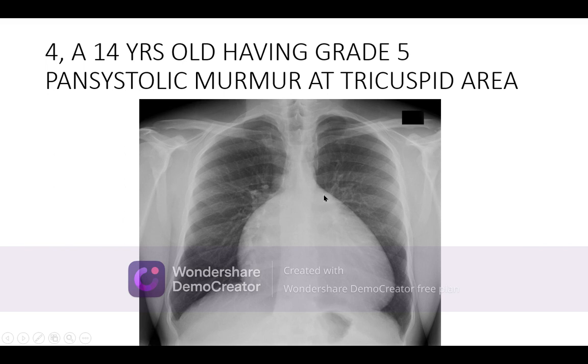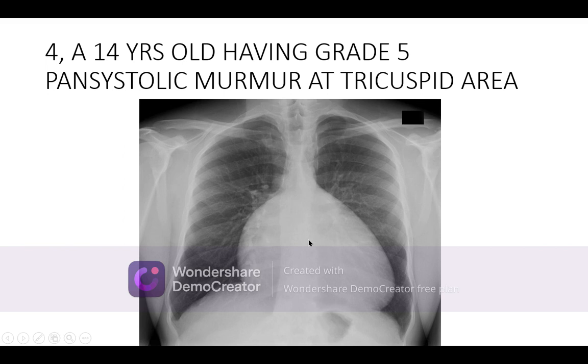Look, this pulmonary conus is prominent here. This type of reaction is called Eisenmenger's reaction, and the Eisenmenger syndrome, which has the Eisenmenger triad: right ventricular enlargement, increased pressure in the right ventricle, and increased pressure in the pulmonary conus.